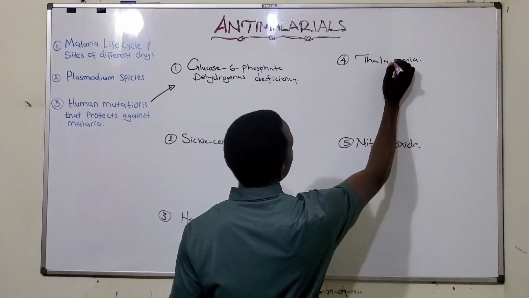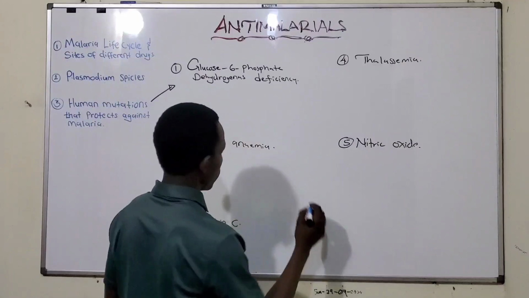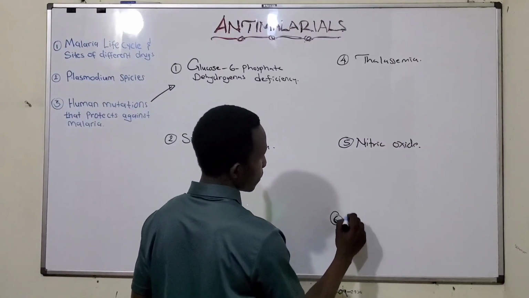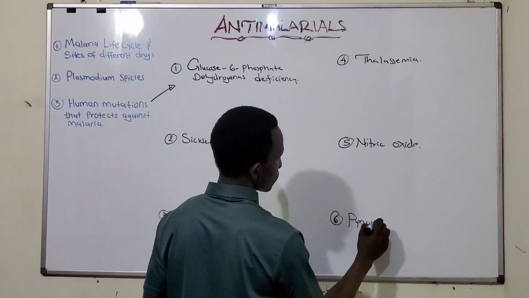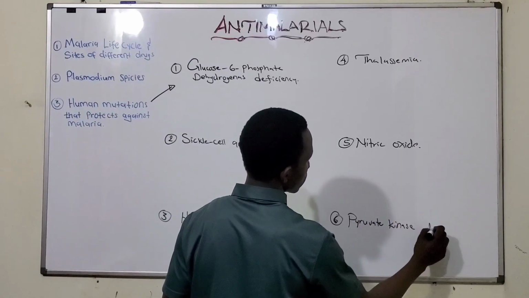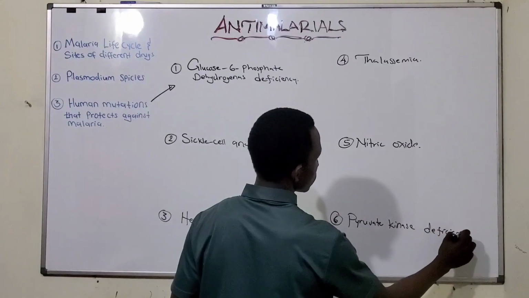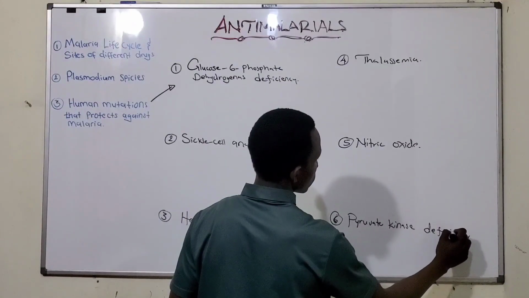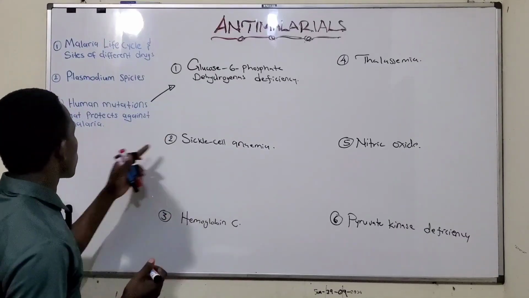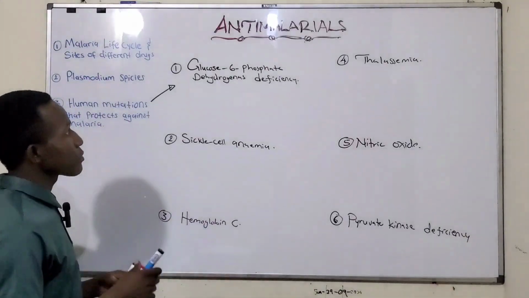The sixth one is pyruvate kinase deficiency. So these are the protection mechanisms against malaria.